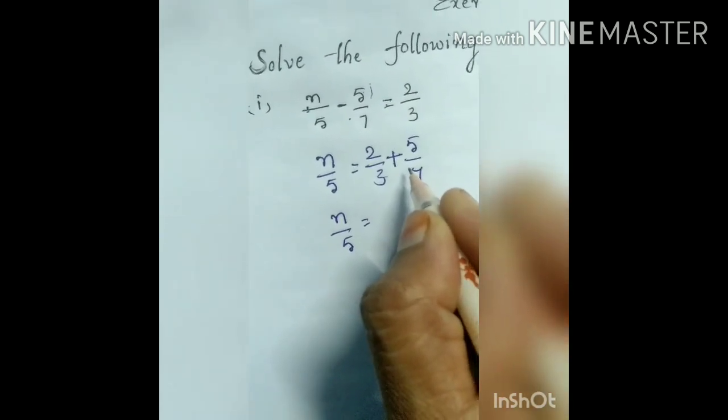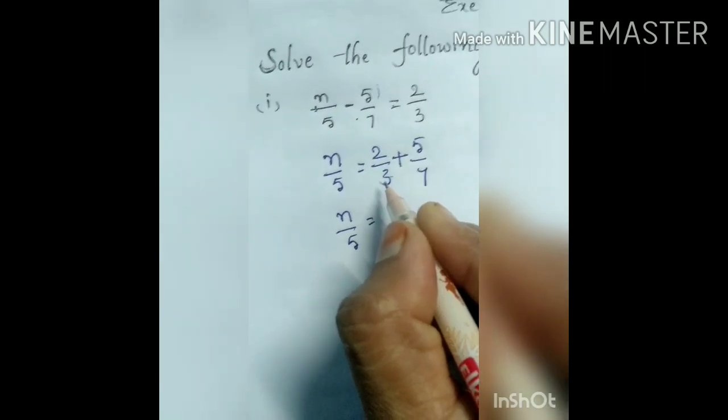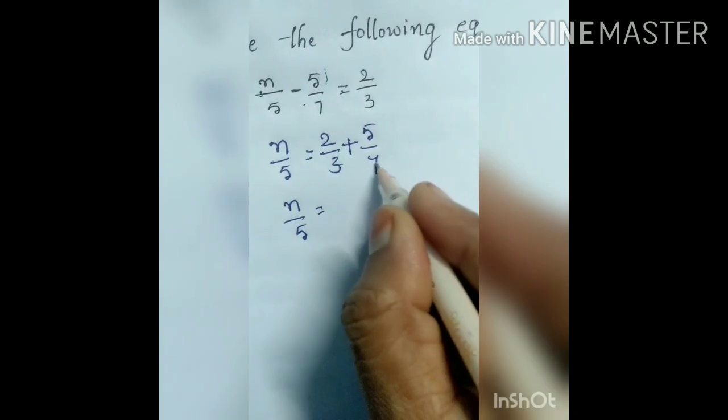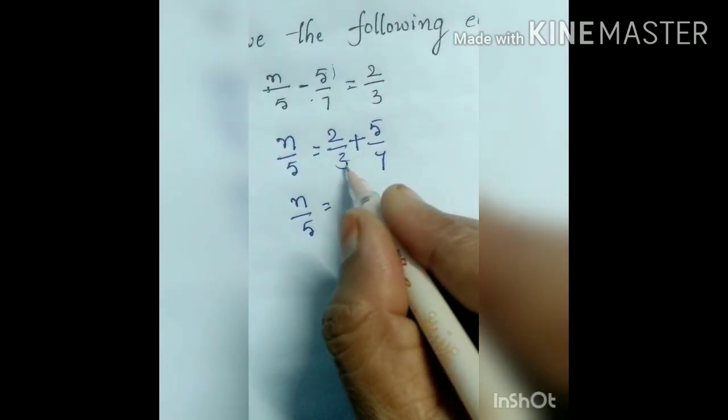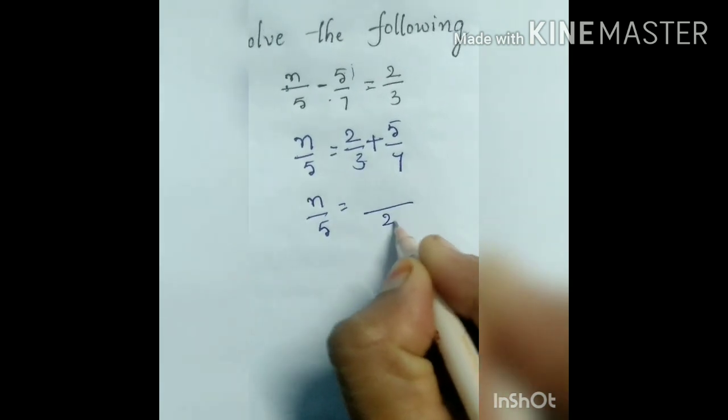No, because these are fractions, so we take the LCM. The denominators are different odd numbers, so the LCM is 7 times 3, which is 21.